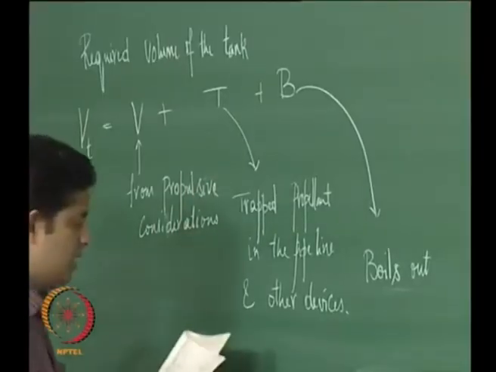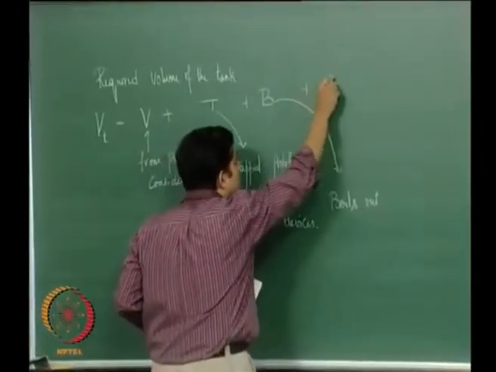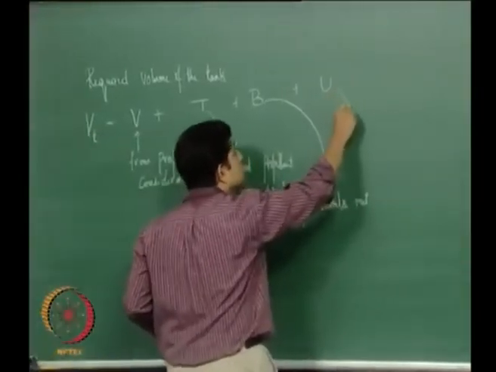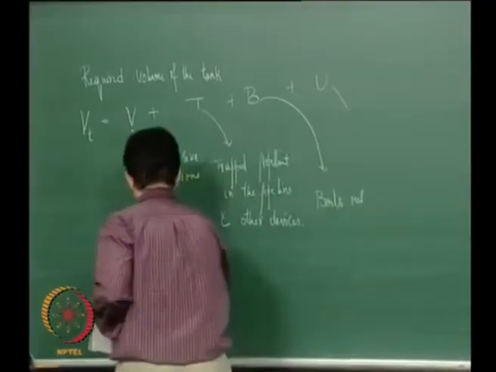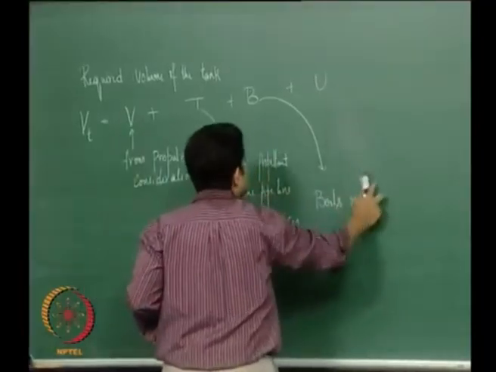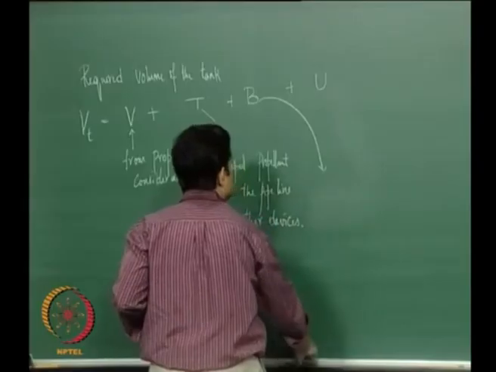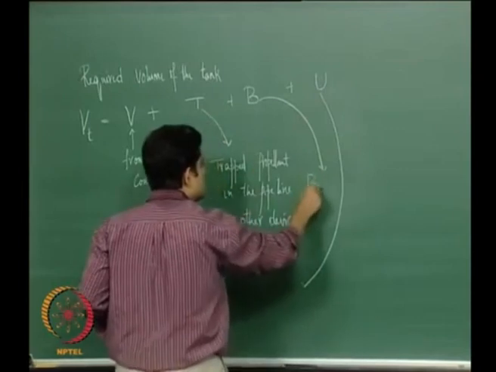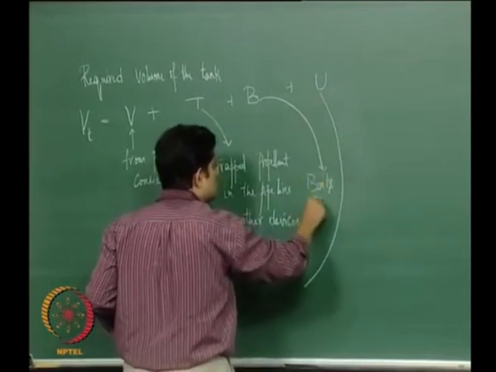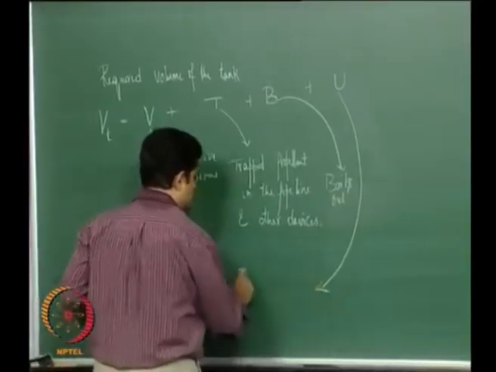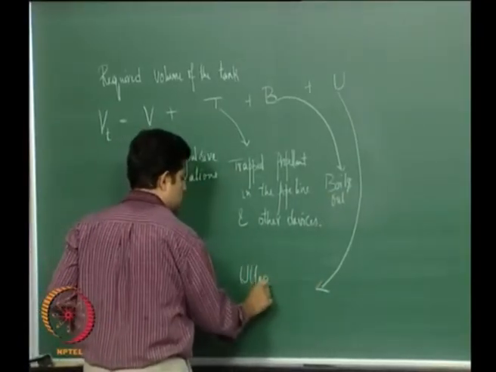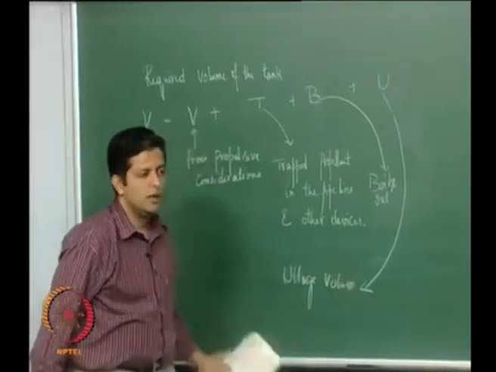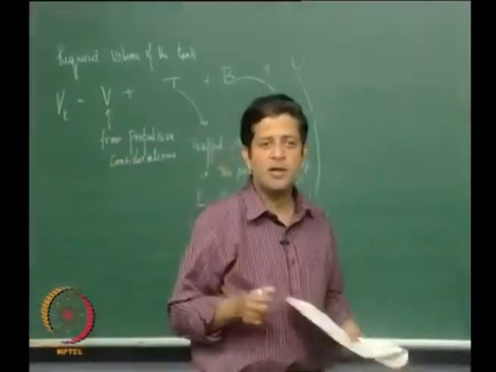And lastly, there is something called ullage volume. Now, if you fill the tank to the brim, there is a problem.